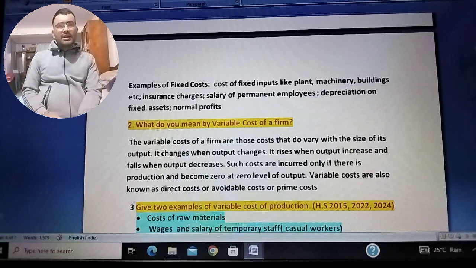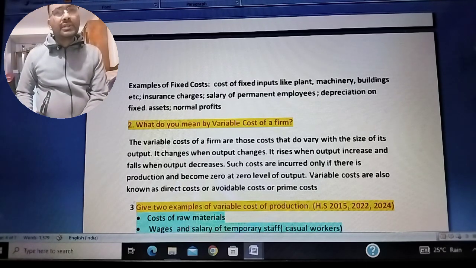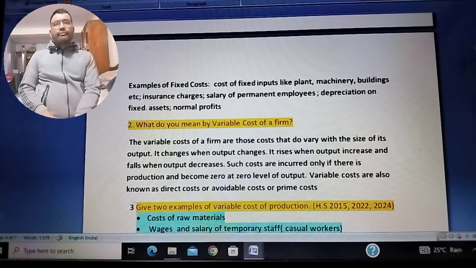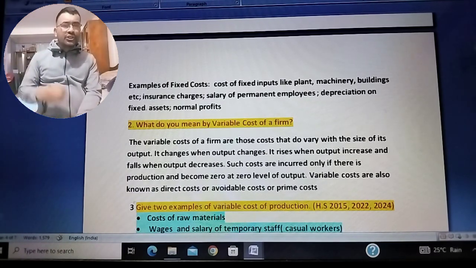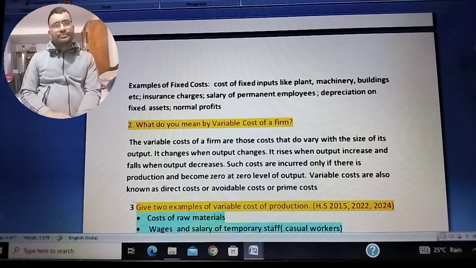And the other is, what do you mean by variable cost of a firm? This question has not been asked till now, but it is very important. So variable cost of a firm or variable cost of production are those costs which change due to changes in the volume of production.